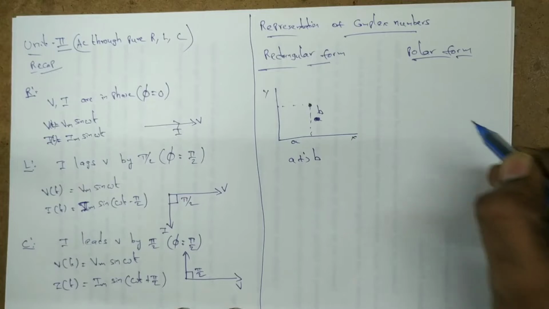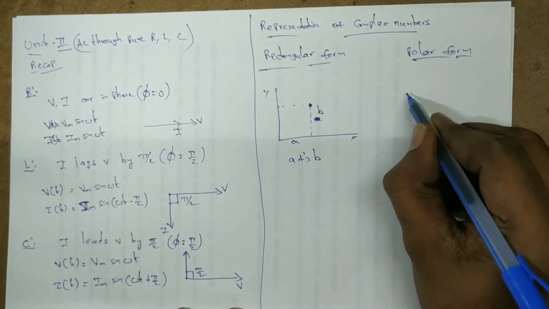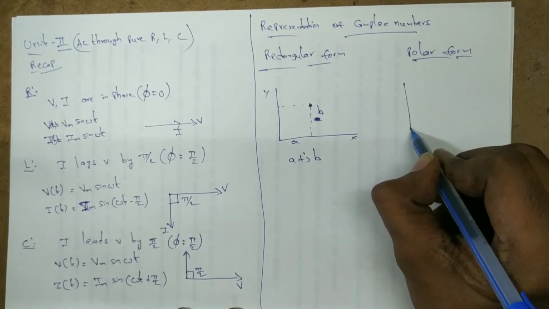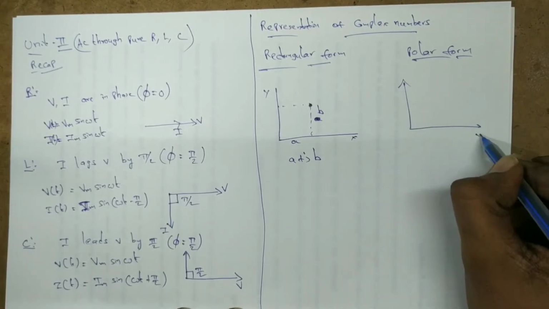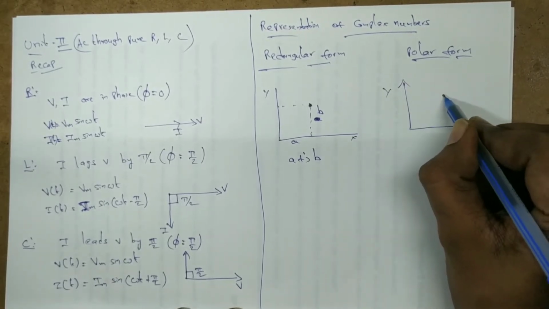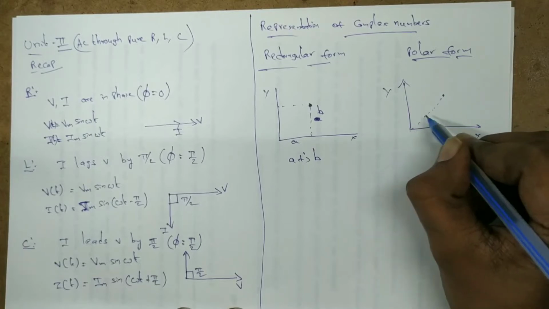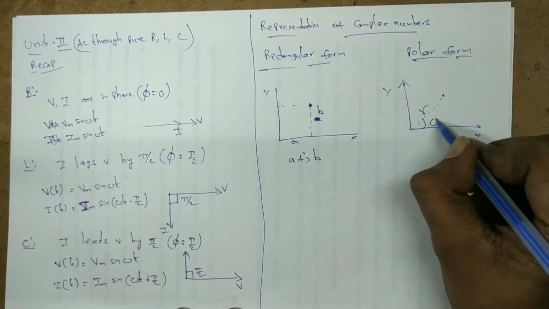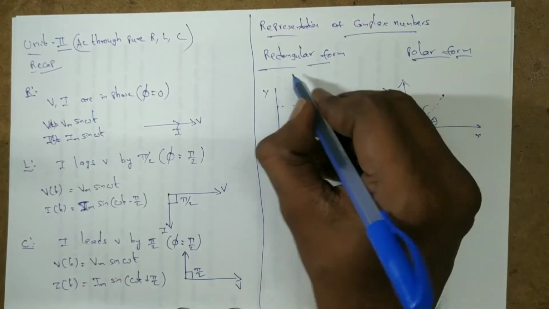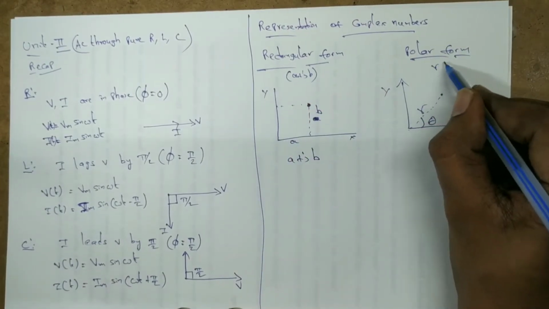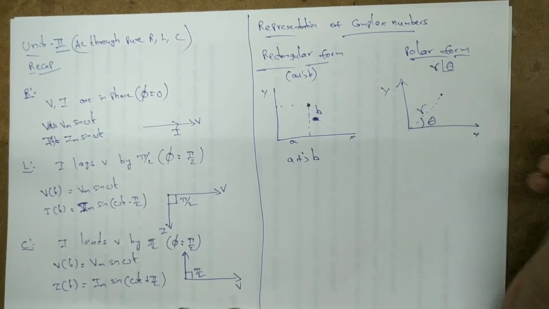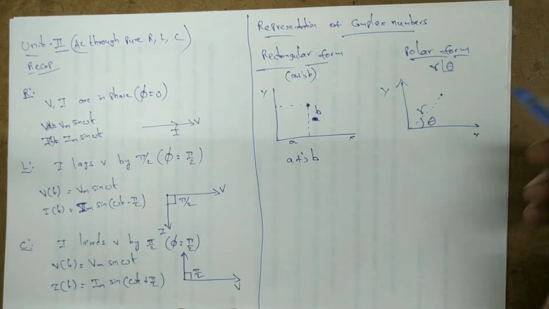Now the representation in rectangular form is a plus jb. The same point, when represented in polar form, will be in the format r at an angle theta, where r is the distance of that point from the origin and theta is its angle with reference to the real axis or x-axis.